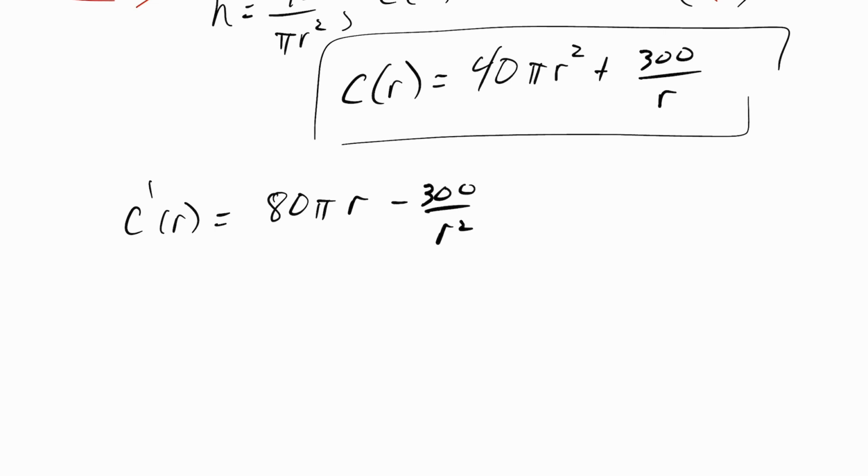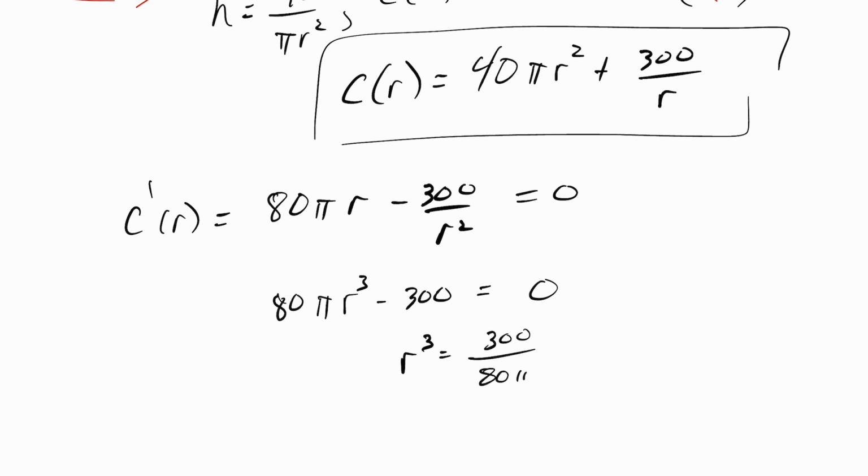All right, and now we can go ahead and set this equal to 0 and solve. So multiply across by r squared. We get 80 pi r cubed minus 300 equals 0. Solving for this, I get r cubed is 300 over 80 pi. And again, here I'm noticing a little typo. This should be an 80. I put an 8.